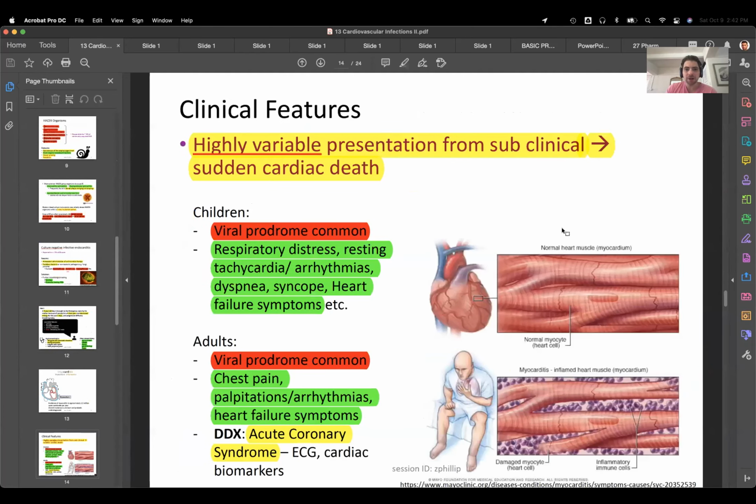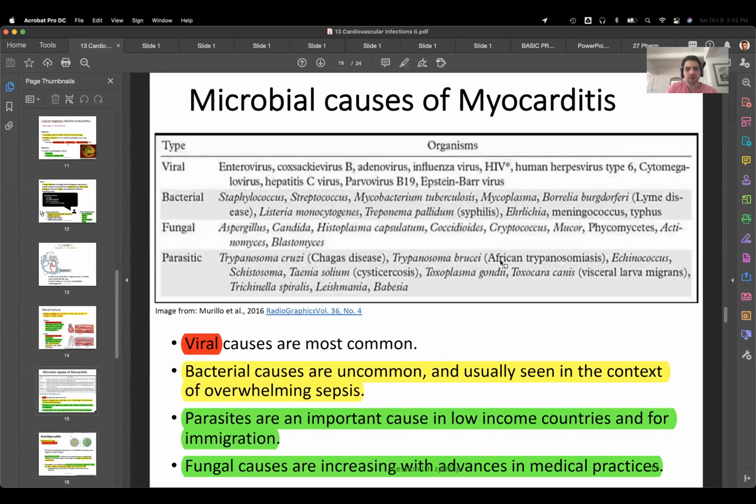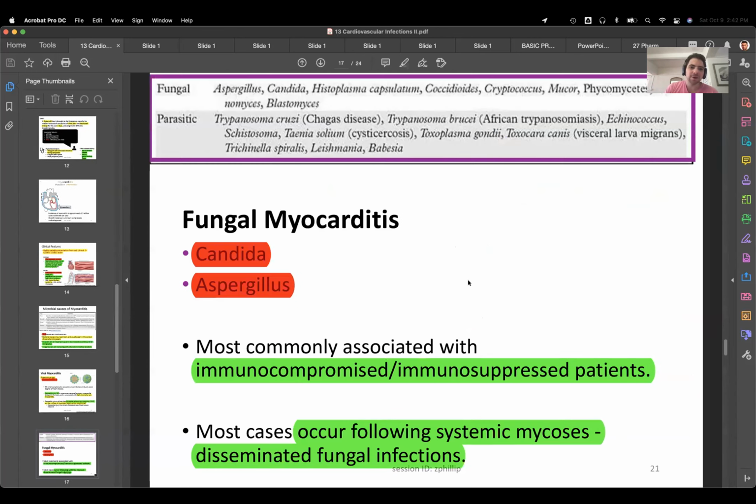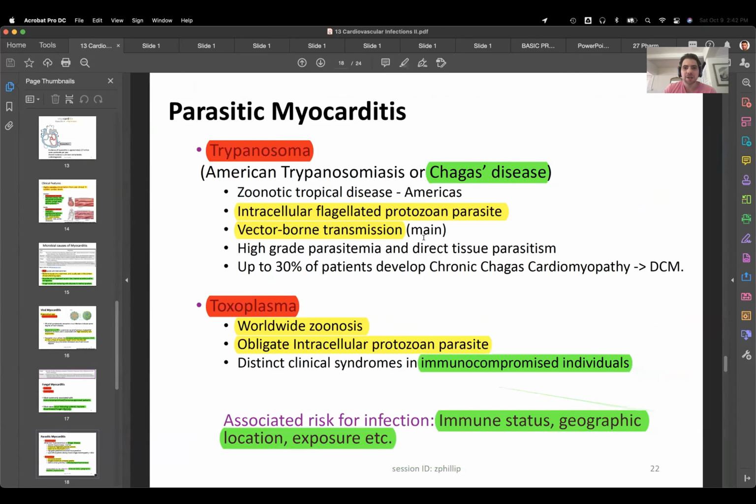All right, and then myocarditis, you can see here, it's obviously the muscle tissue. Viral causes, you need to think of Coxsackie B. B is for body, Coxsackie A does hand, foot, and mouth disease. So remember, Coxsackie B is the big one here. They have fungal causes. Remember, with fungal infections, typically the patient has to be immunocompromised. So if they say immunocompromised, they're probably leading you down the road to a fungal infection.